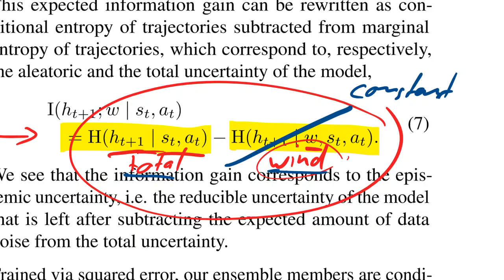And therefore, we can just focus on the total amount of uncertainty, right? So if we can predict the next state A better than the next state B, and both have about the same amount of intrinsic uncertainty, stochasticity in the world, that must mean we should go to B because that's where our model hasn't learned yet.